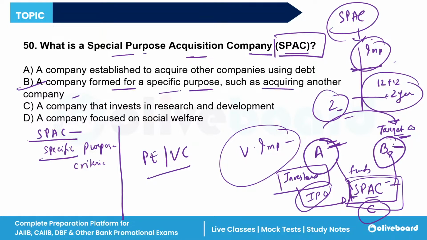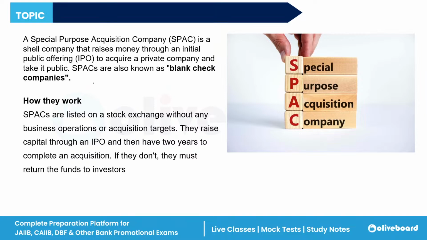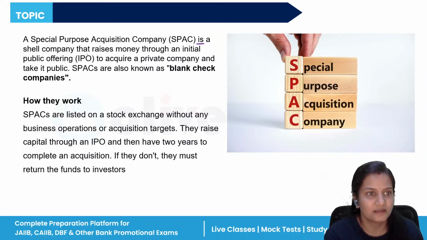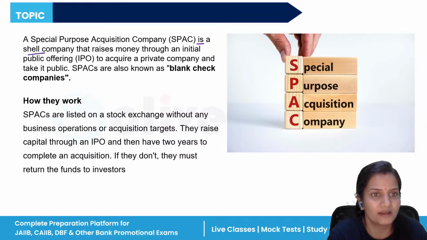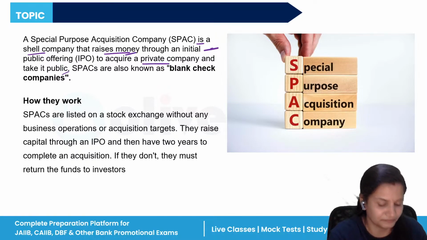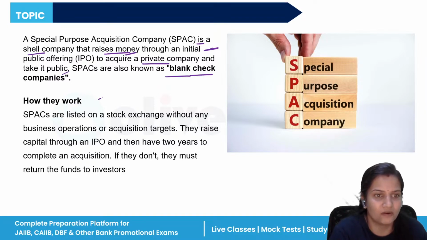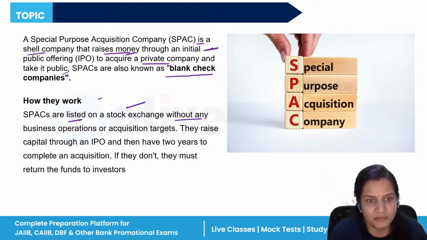So it is formed for a specific purpose. A special purpose acquisition company is a shell company that raises money through an IPO. Investors give them money, and they acquire a private company and take it public. SPACs are also known as blank check companies. They are listed on a stock exchange without any business operation.